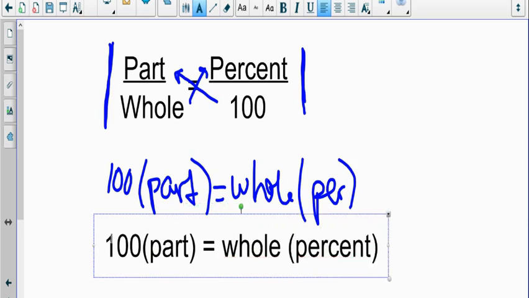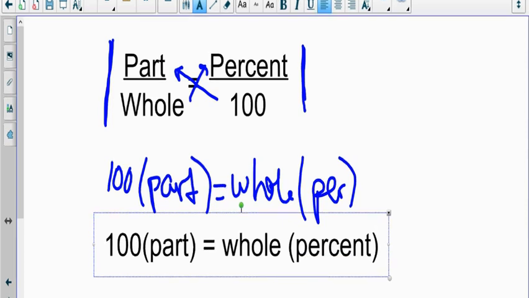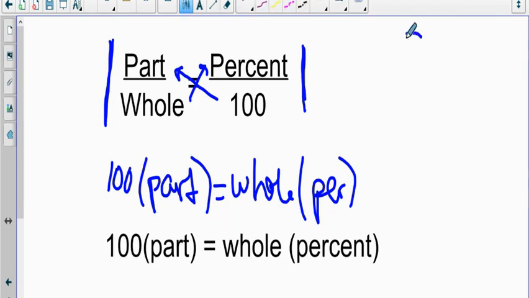Ultimately we want to get it so that one of these variables is by itself. We also want the percent amount written as a decimal. Say 5%. The percent really means 5 out of 100.